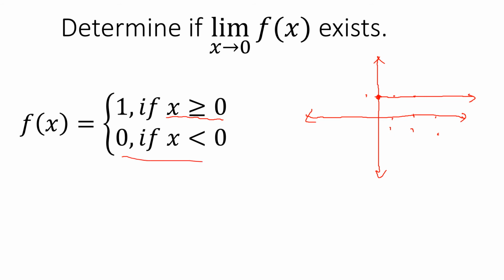Now, how about for this one? How do you graph that? It says that it's 0 if the values of x are less than 0, so not including 0. Okay? So if it's negative 1, negative 5, negative 100, the value of the function is still 0. Let me change the color so that you would see.